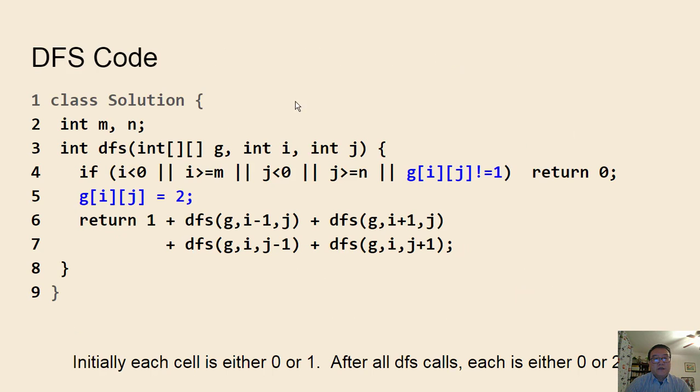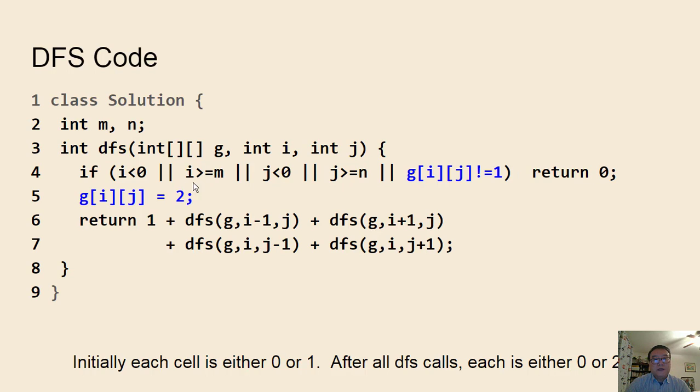So this is the DFS code. Here we have input i, j. A very common pattern is to do a check at the beginning. We check first that i and j are within the boundary, and that the value is 1.